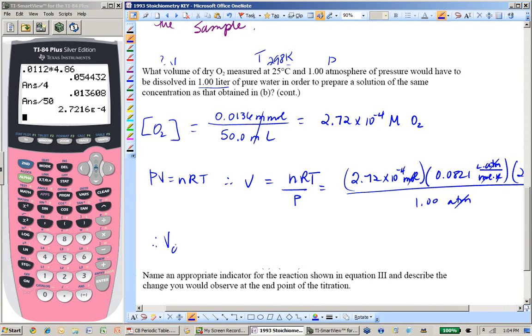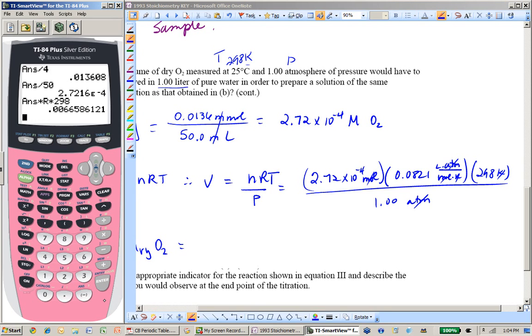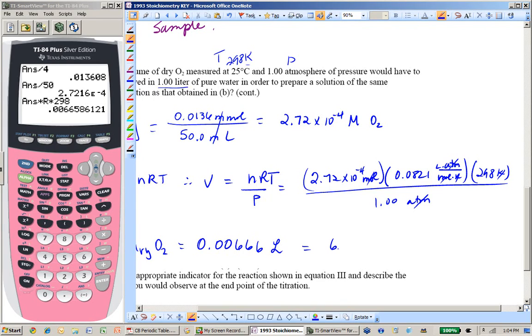Therefore, the volume of this dry oxygen is equal to, let's calculate that puppy. My 2.72 is still sitting there, so I'm just going to use it and multiply it by R and by 298. I'll go ahead and hit enter and get my whole denominator, which is divided by 1, so that is my answer. So that comes out to be 0.0066 liters, which I would rather see as 6.66, still evil, milliliters.